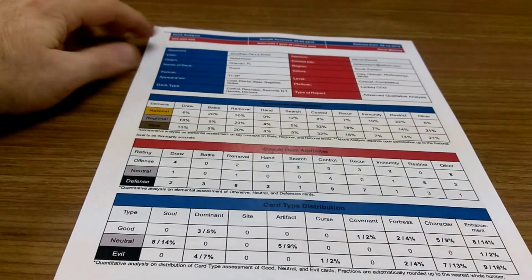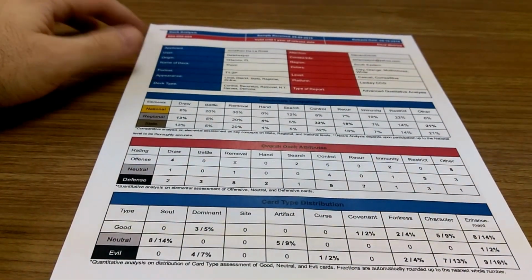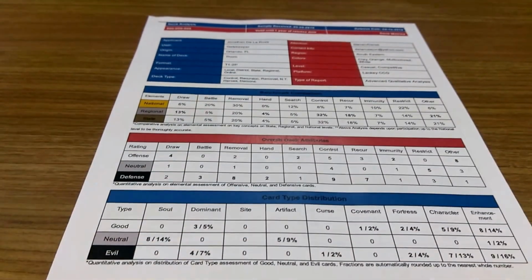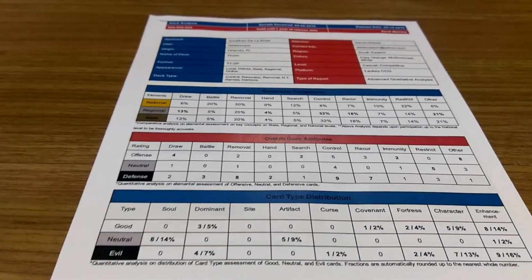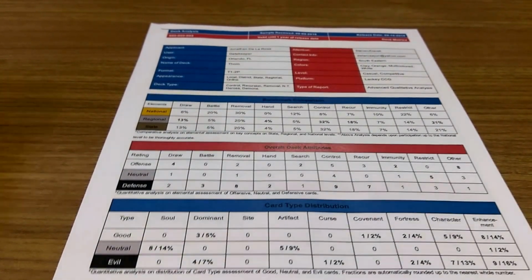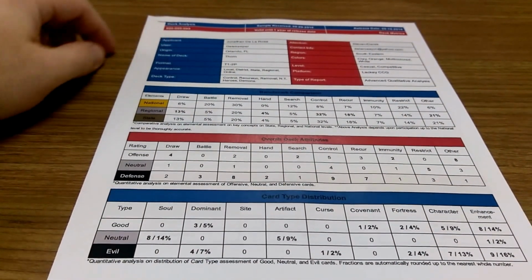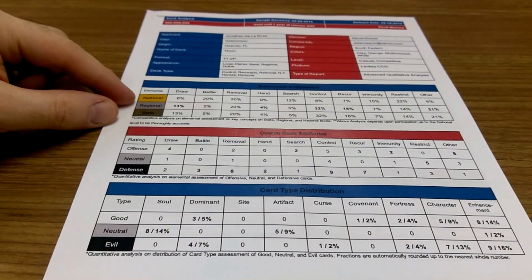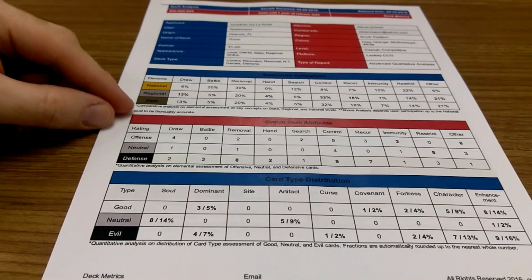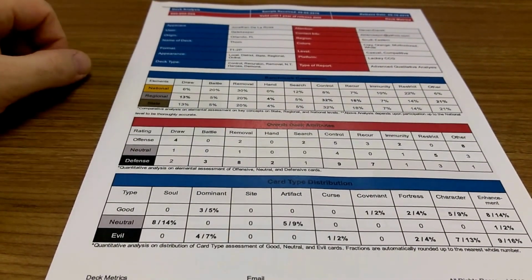So the report first begins with information about the user, the name of the deck, the region, the platform that's been used, the format, that sort of thing is all found up here. And then the next concept we find is a benchmark comparison from state, regional to national level.